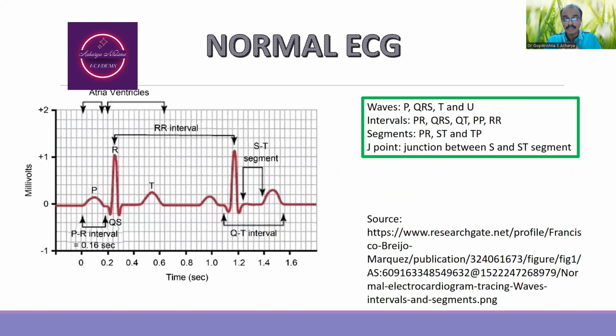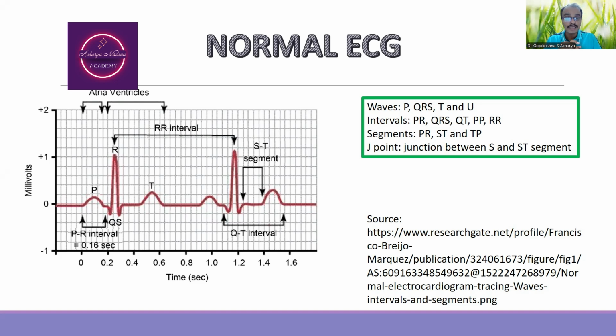When you think about the normal ECG, it contains waves, intervals, segments, and the J point. The waves are P wave, QRS complex, T wave, and sometimes U wave. The intervals are PR interval, QRS interval, QT interval, PP interval, and RR interval.